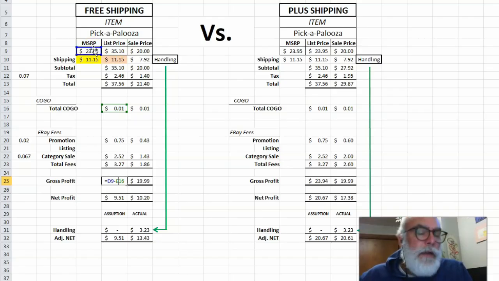I could be wrong, but there's no reason to include shipping out to the customer. I guess you could consider that a cost of goods sold. I've always thought of cost of goods sold as the actual cost to bring the item into inventory or to actually manufacture the item. Okay?